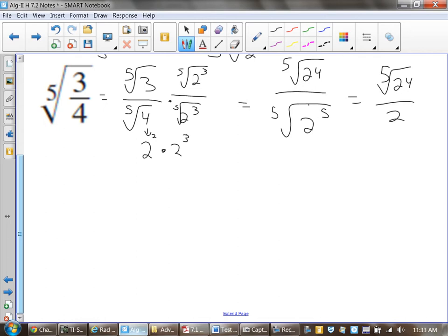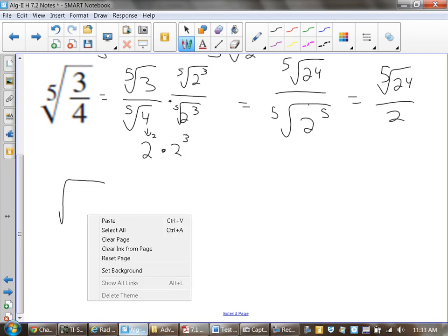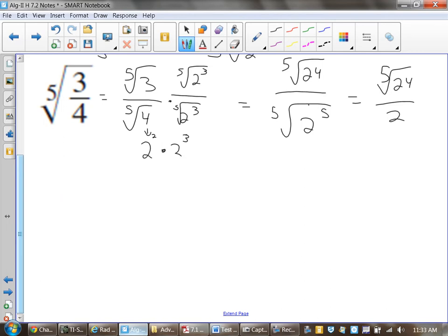Another way you can look at it: what are your perfect fifths? 2 to the 5th is how much? Write something down, that might be helpful. 32.